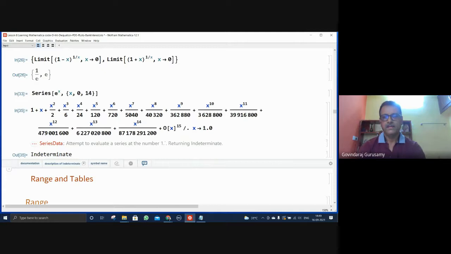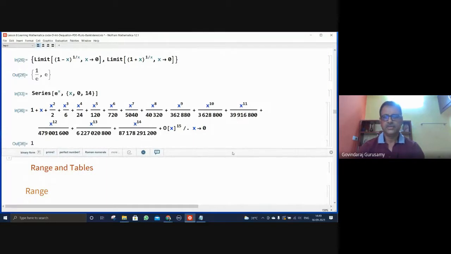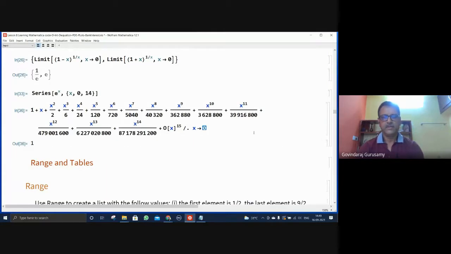Then what can be done? There is 0, 1, which we know. And if I take e power 1, that's going to be the number. That's right. So this is the problem now.